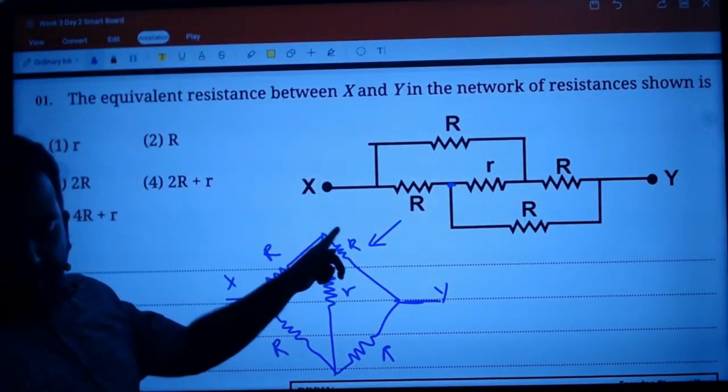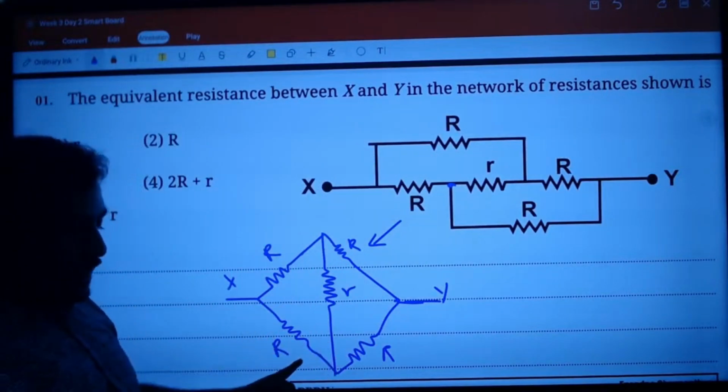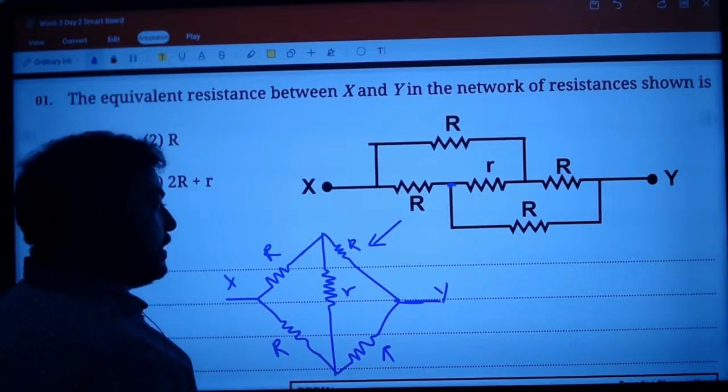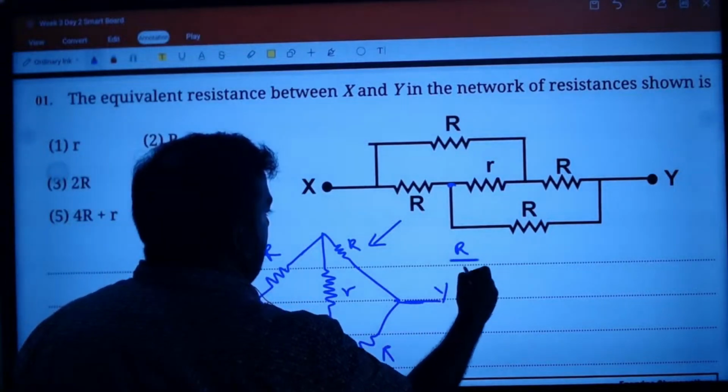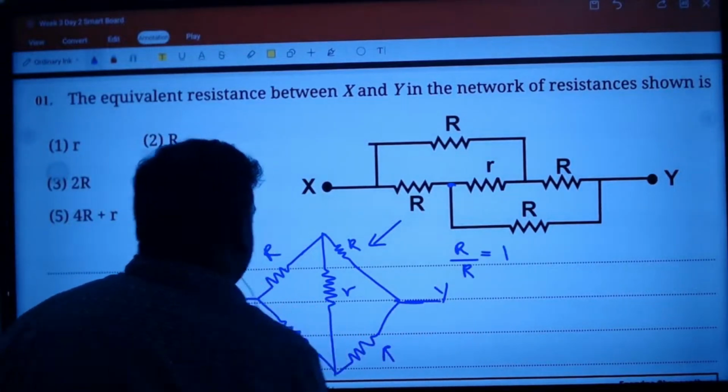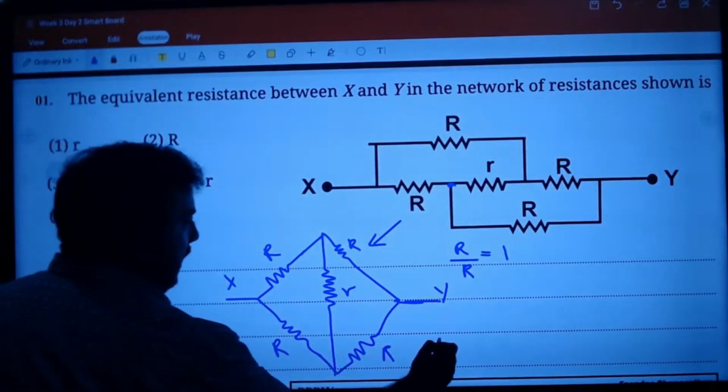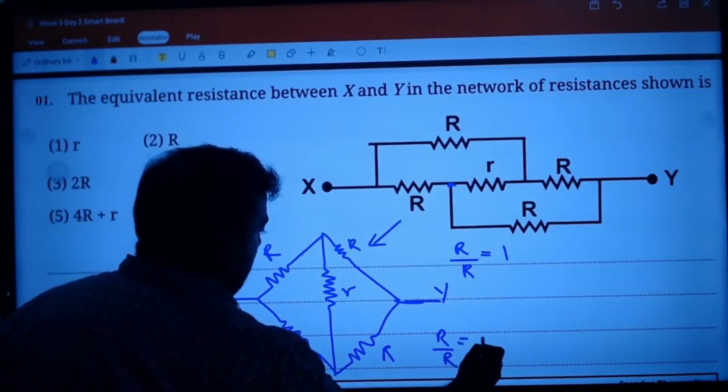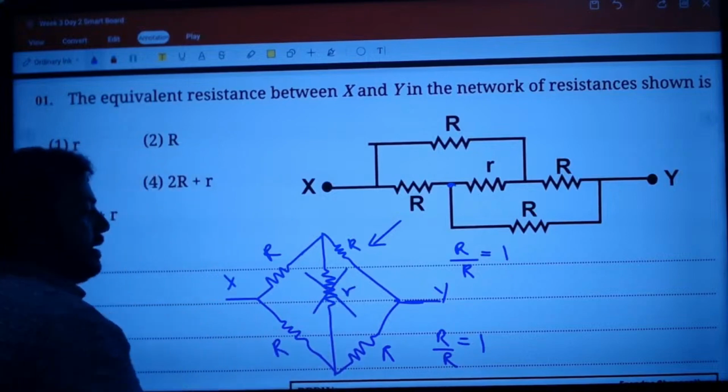Ratio here and ratio here both are the same. So you can say here R divided by R is 1. So the center resistor completely cancels off.